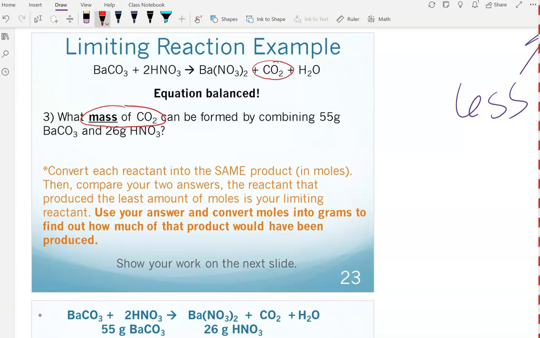And again, if it was just asking about what's the limiting reactant, you can convert into any one of those 3 products as long as you were converting both reactants into the same product to compare them. In this question, though, it's asking about a specific product. And then instead of given moles, I'm given grams. So I have 55 grams of BaCO3 and 26 grams of HNO3.